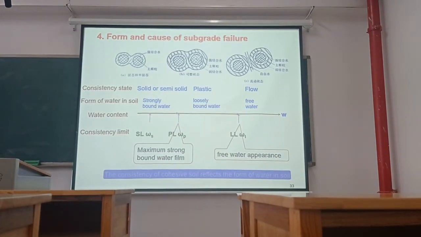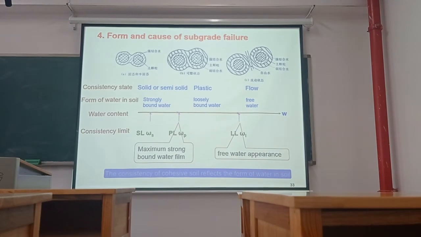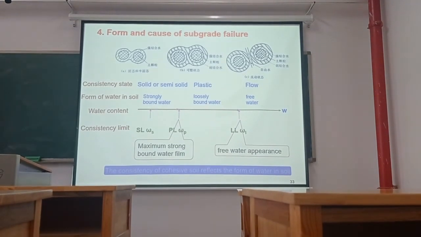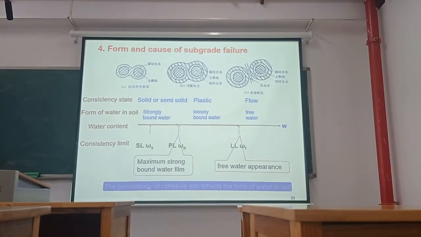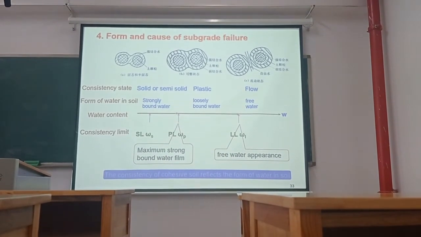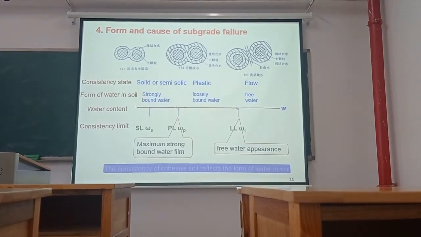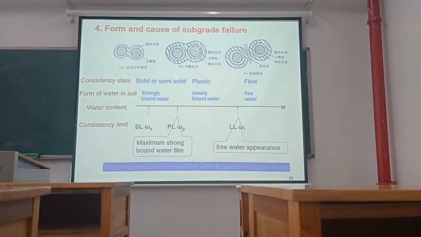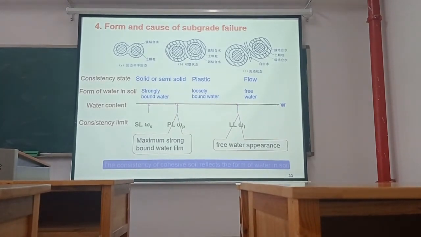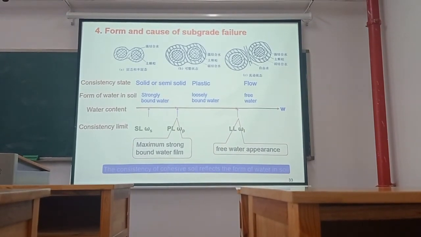It means the film of strongly bound water is at maximum, and with the water increasing, there is more loosely bound water and free water appears. So the consistency of cohesive soil reflects the form of water in soil. This is for fine soil. For coarse soil, we cannot use this index to describe. It is just for clay.